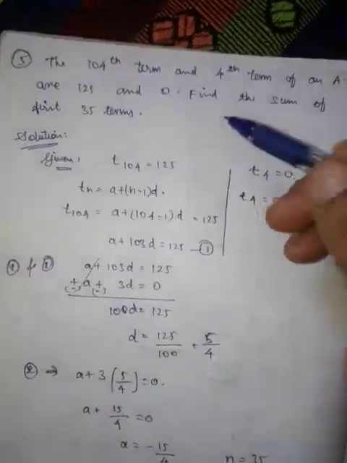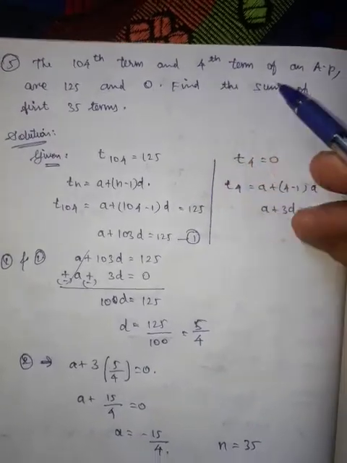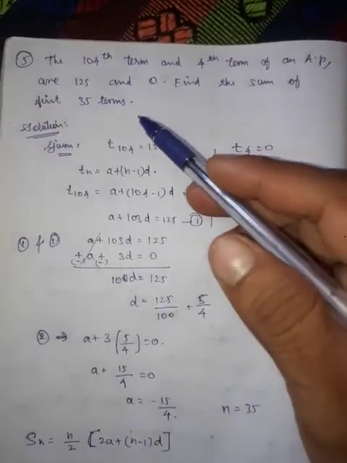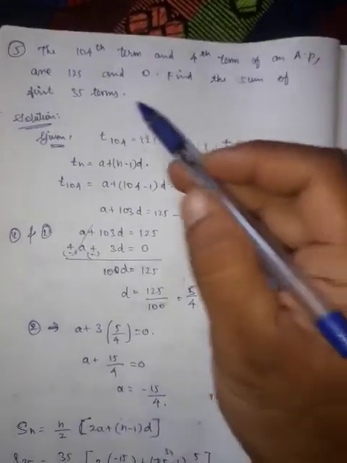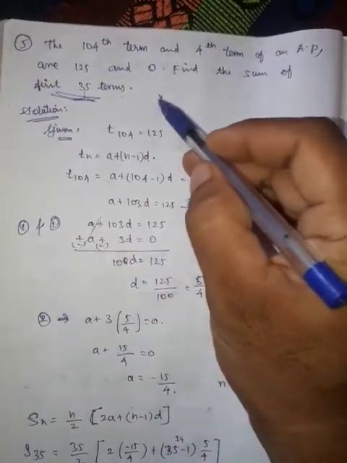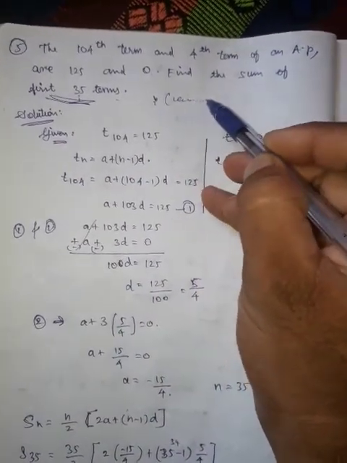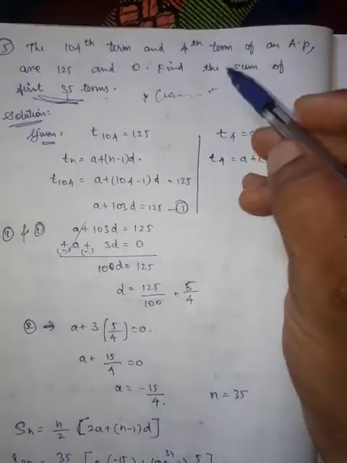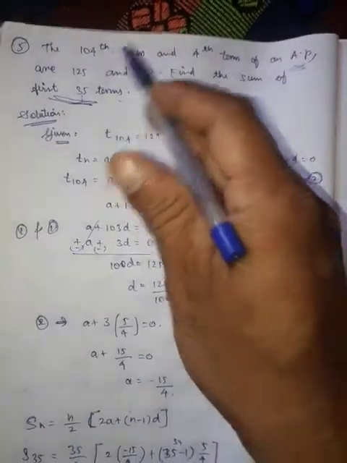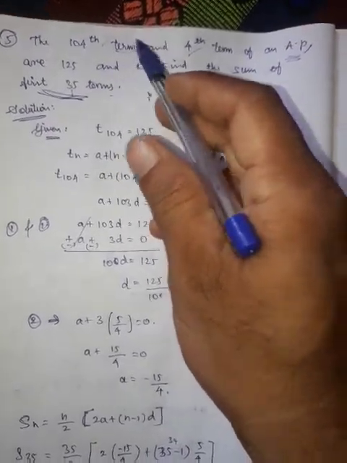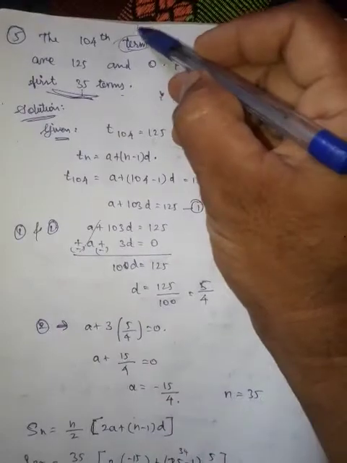Then the fifth question: the 104th term and 4th term of an AP are 125 and 0. Find the sum of the first 35 terms. For the first 35 terms we can use the first formula, n by 2 into 2a plus n minus 1 into d. Now we want the AP series, so there are two hints here. Term means the Tn formula.